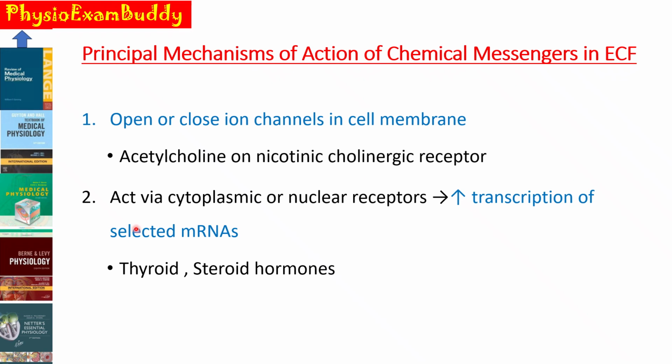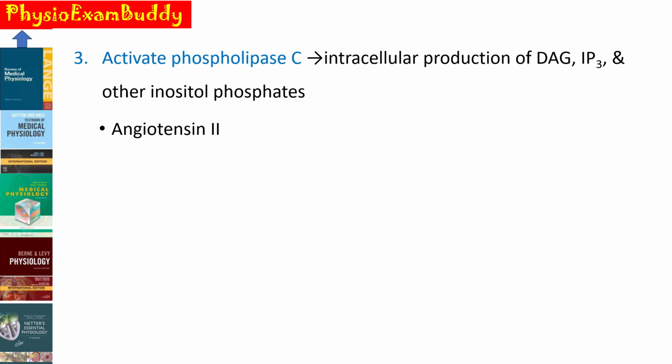The second mechanism is that the chemical messengers can act via either cytoplasmic or nuclear receptors, thereby increasing the transcription of selected mRNAs. This type of mechanism of action is seen in thyroid hormone as well as steroid hormones.